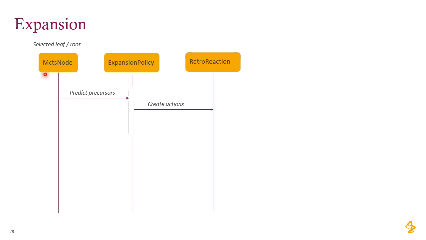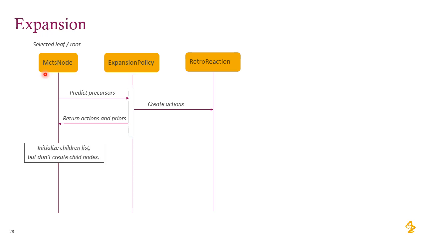If it's a template-based method, which we assume here, it will create a number of retro reaction objects, and they will be returned to the Monte Carlo node together with priors, which in case of the template-based method is the probabilities from the neural network.